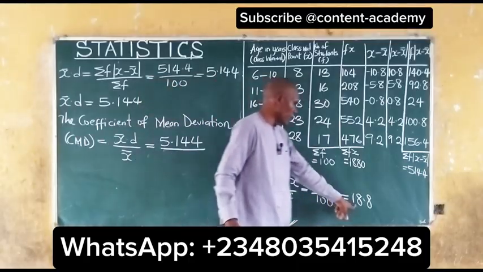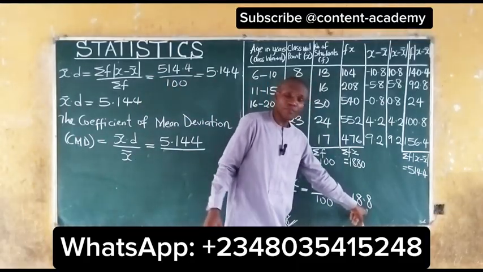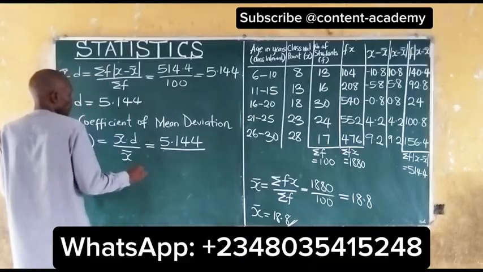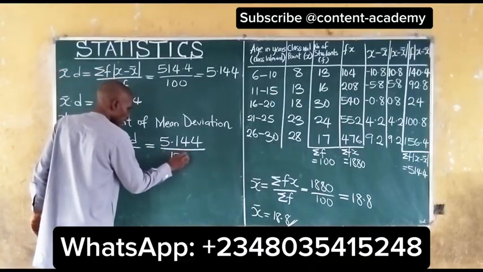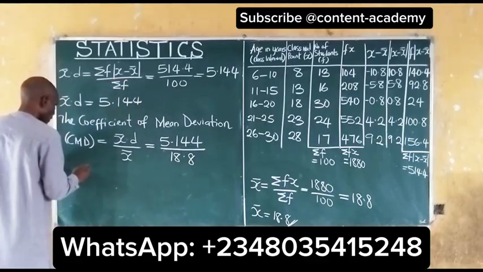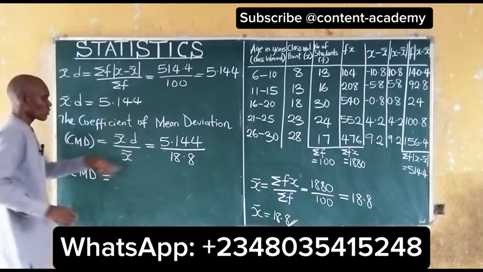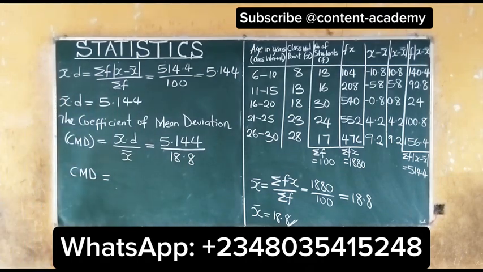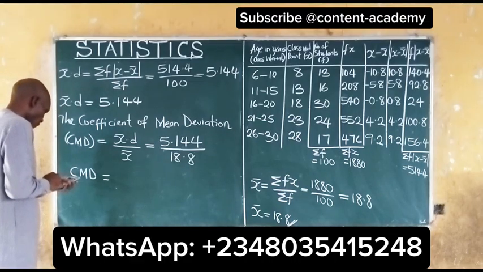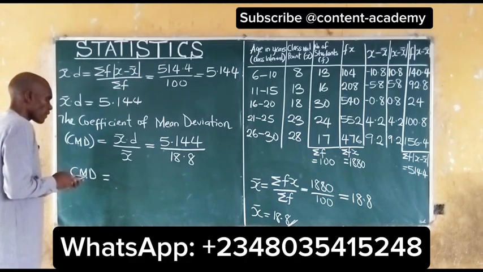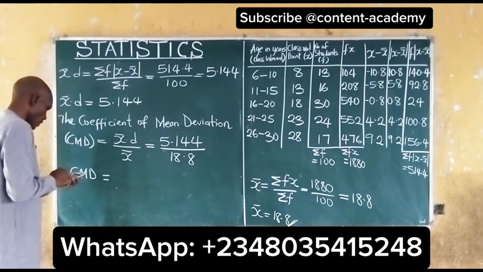We want our x bar to be 18.8. That is how the coefficient of mean deviation is calculated. So our coefficient of mean deviation will be equal to 5.144 divided by 18.8.